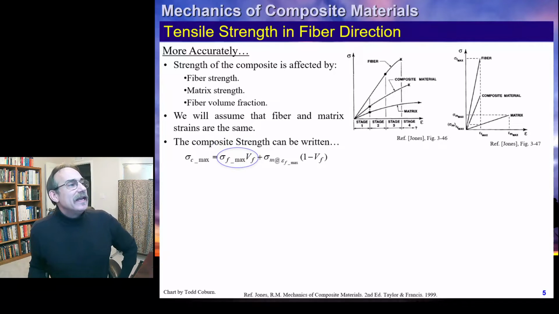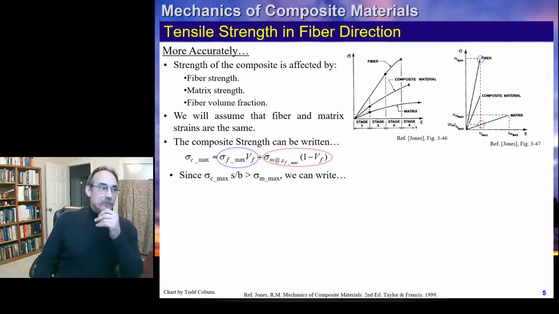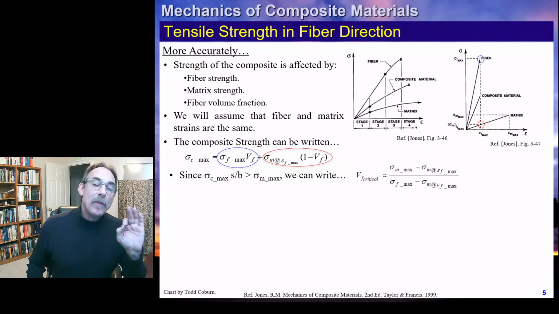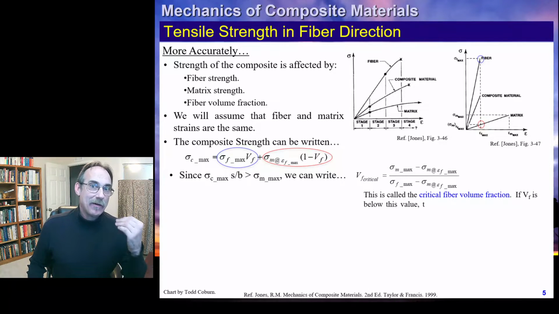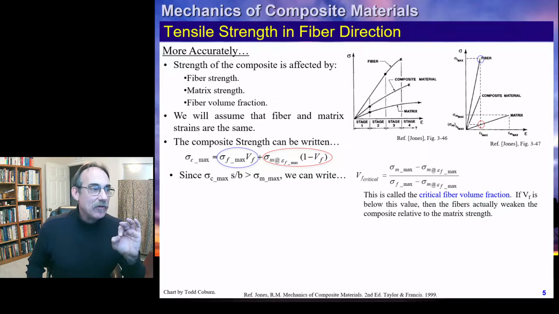This piece is the fiber strength that we see right there. This piece here is the matrix strength at the fiber strain, which is right there. Got that? Okay. Now, we know that the composite strength, the strength of the combination, it should be, or better be, greater than the matrix strength by itself. Otherwise, why are we spending all the work putting fiber in there?